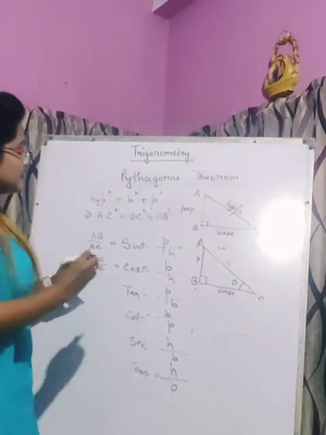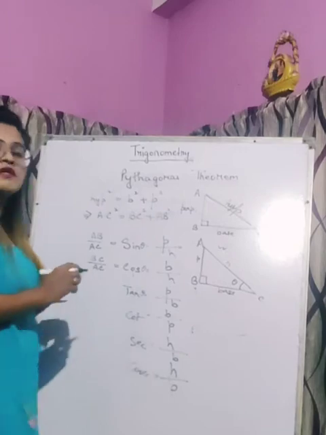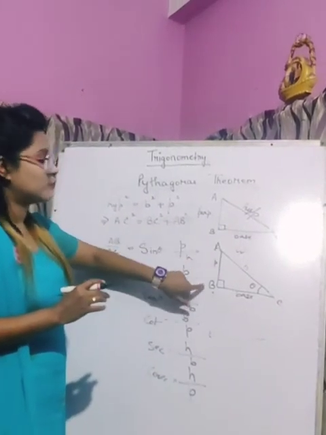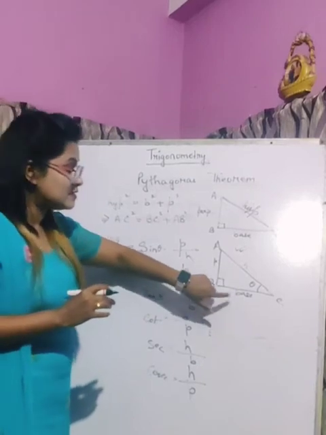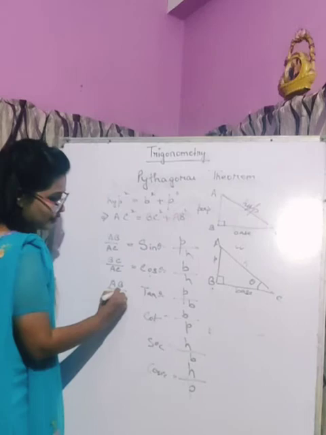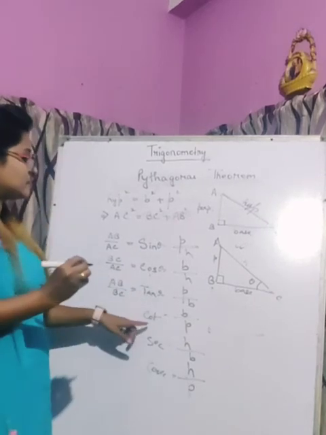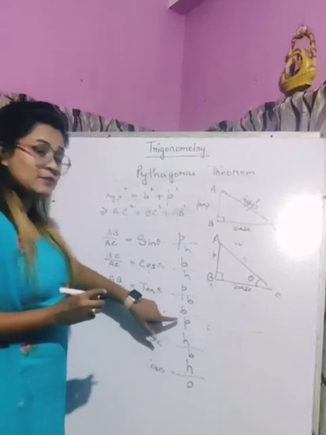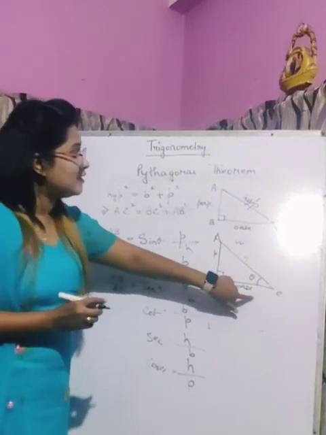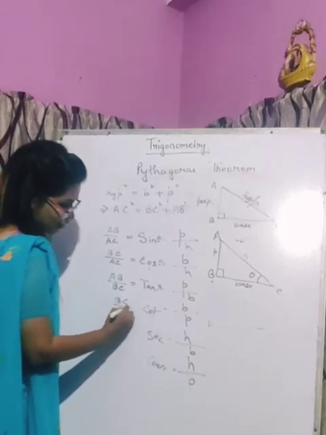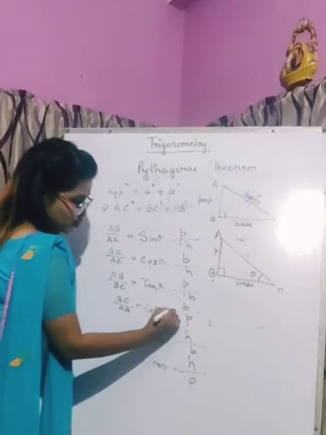Now when we consider tan theta, it is perpendicular by base. The perpendicular is AB and the base is BC, so the formula becomes AB by BC. Cot theta means base by perpendicular: base is BC and perpendicular is AB.